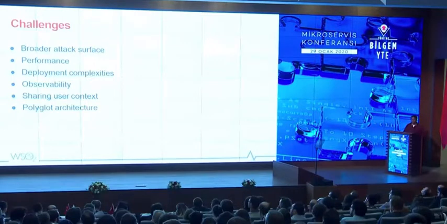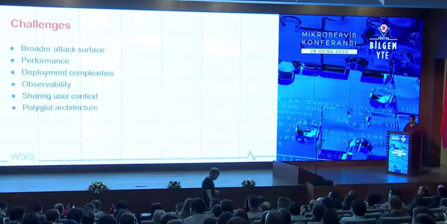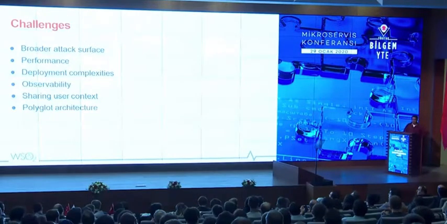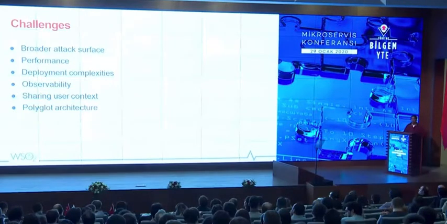Deployment complexities. Forget about microservices. If you have a 2-node cluster of a monolithic web application, even in that case, if you worry about how to rotate certificates and how to revoke certificates, that's still complex. Now think about a deployment with hundreds of nodes.